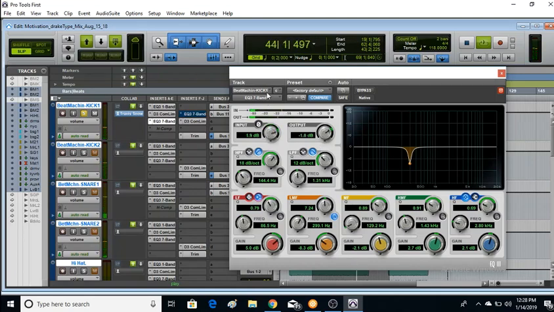If I have too much coming out of the previous unit, I can lower it so I start hitting this unit properly, and it just makes my processing happen a lot more effectively as I'm using signals which are appropriate for the coding that these plugins have. And remember, please feel free to check out our earlier video on processing at the right levels if you're not sure what we're talking about.